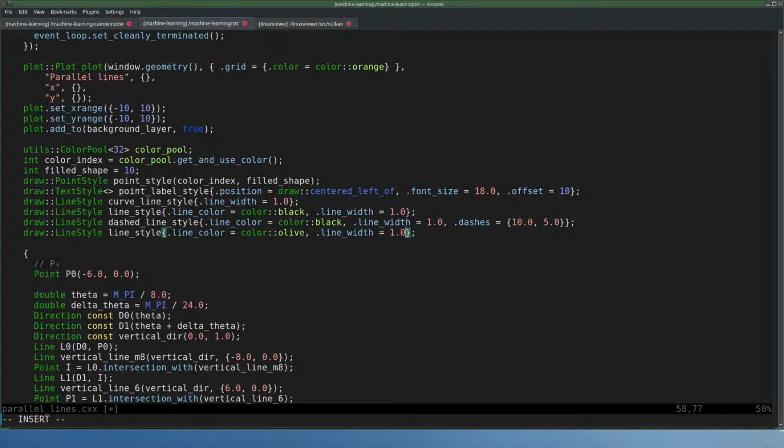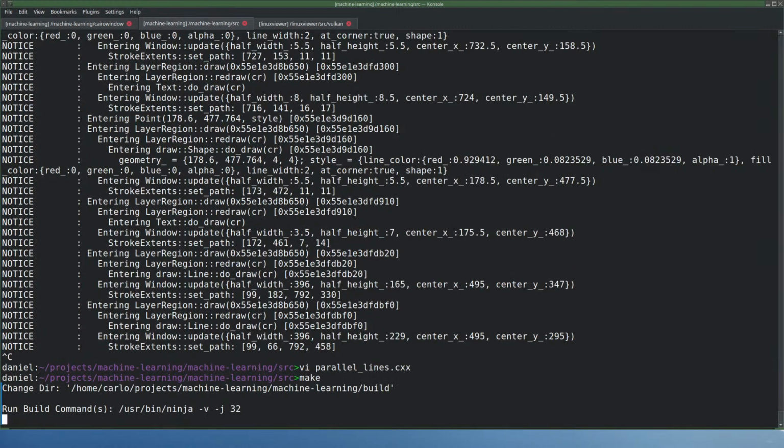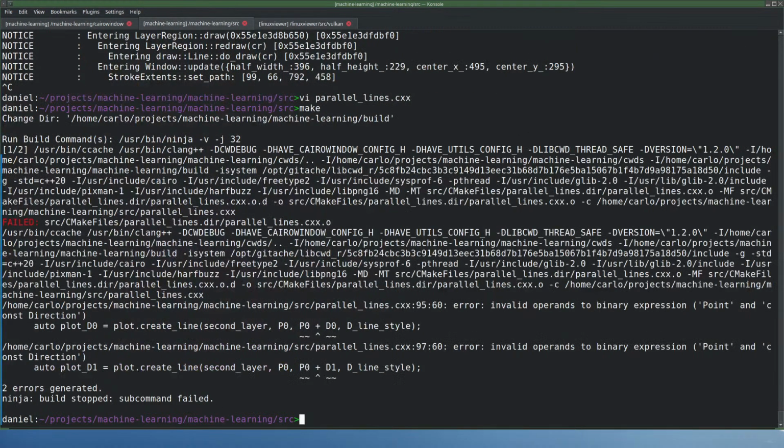Do I want them to be dashed? Yeah, probably. This is the D-line style. Let's add some tiny dashes. Right. And then this doesn't work because I can't add a direction vector to a point.